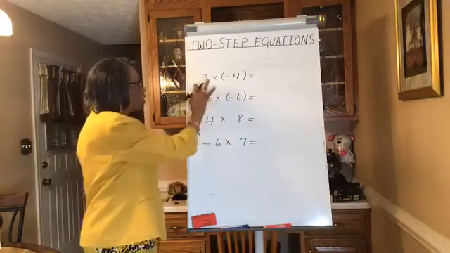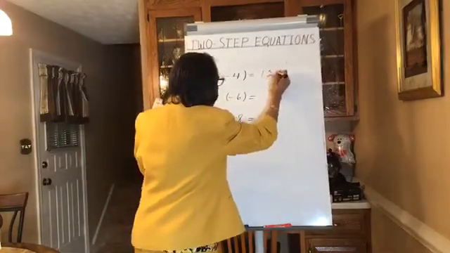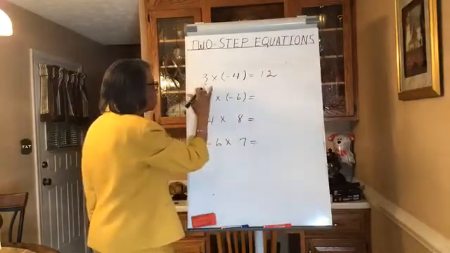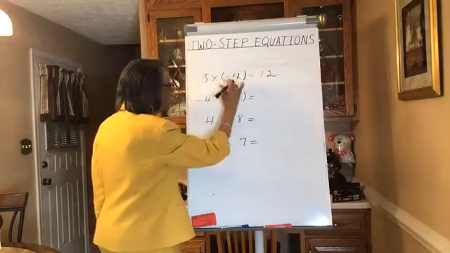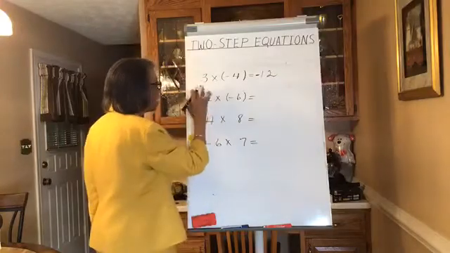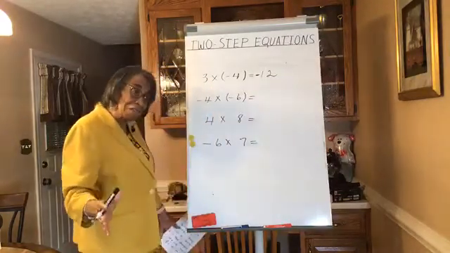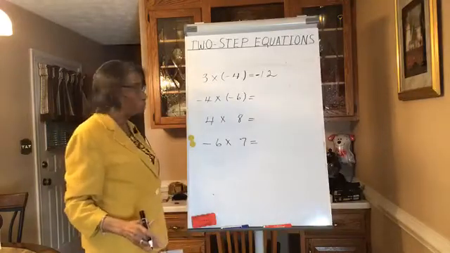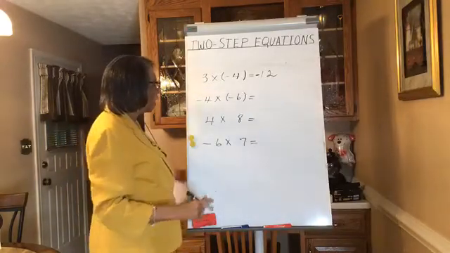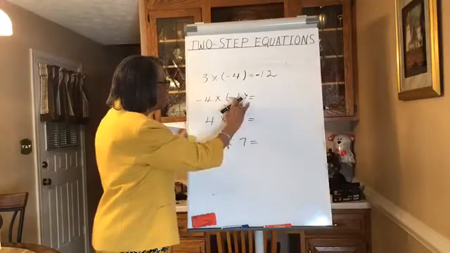All right, so 3 times 4 is 12. The signs are different. One is positive and the other is negative, so it's negative. That's like adding -4 three times. -4 plus -4 plus -4 is -12. All right, these signs are alike, -4 times -6.